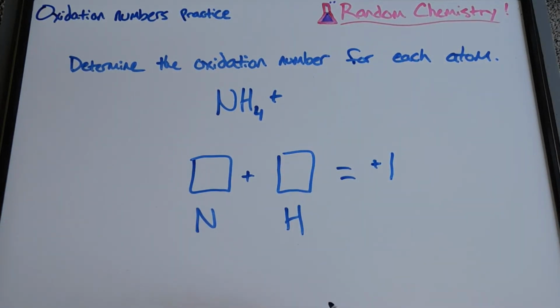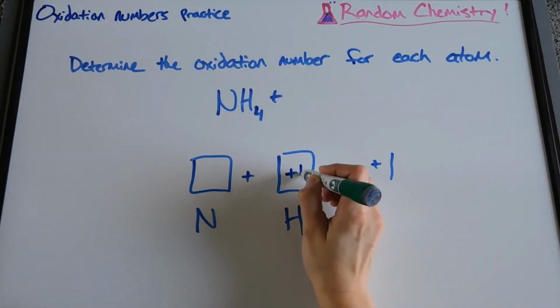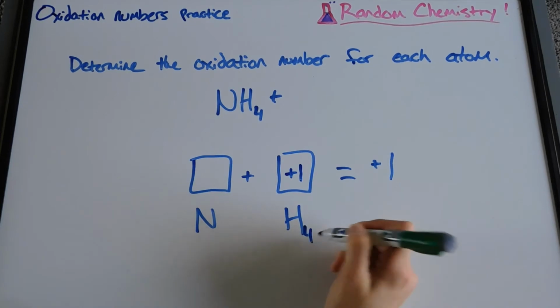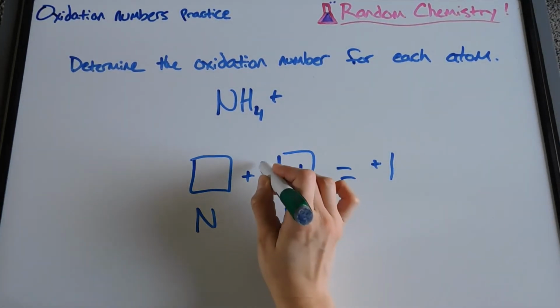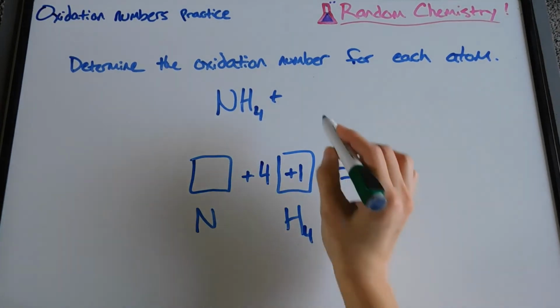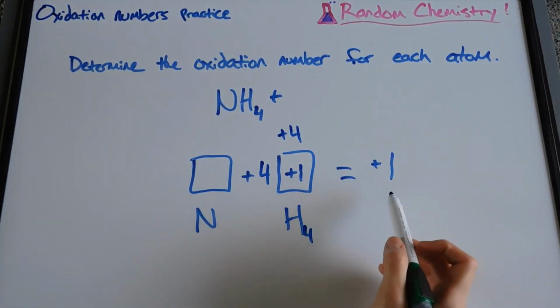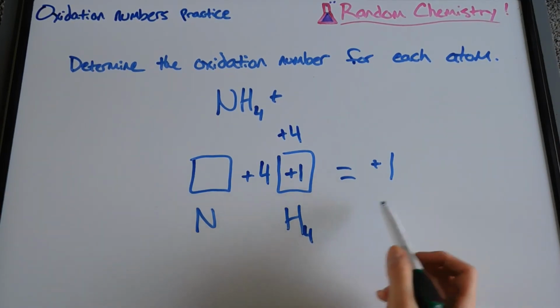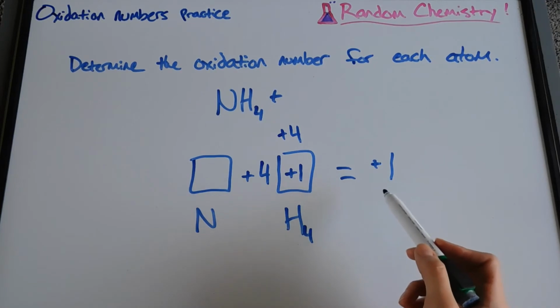And if we look at our rules, again, we know hydrogen typically has an oxidation number of +1. Oops. There's 4 hydrogens, by the way, and so I need to multiply that by 4. So 4 times 1 is +4. And I need nitrogen to add up to +1.